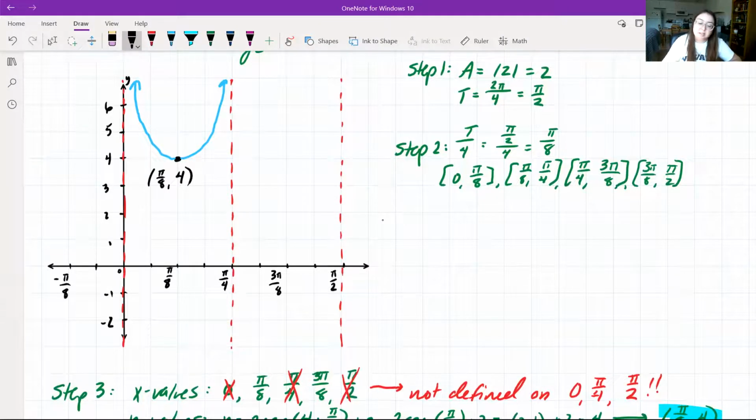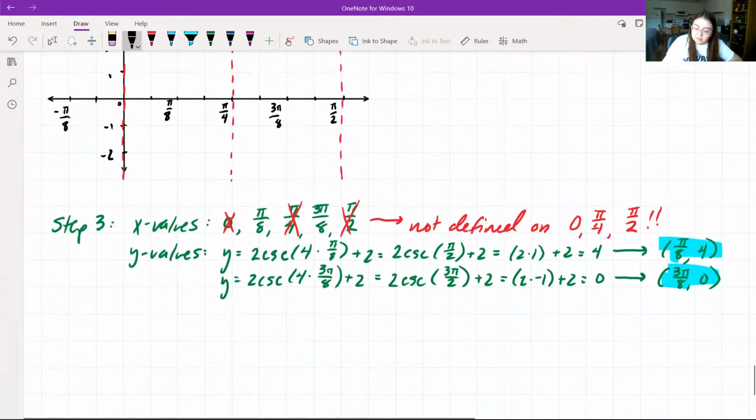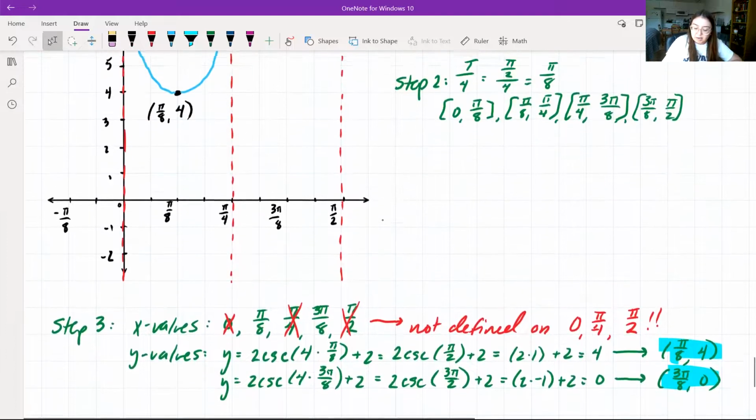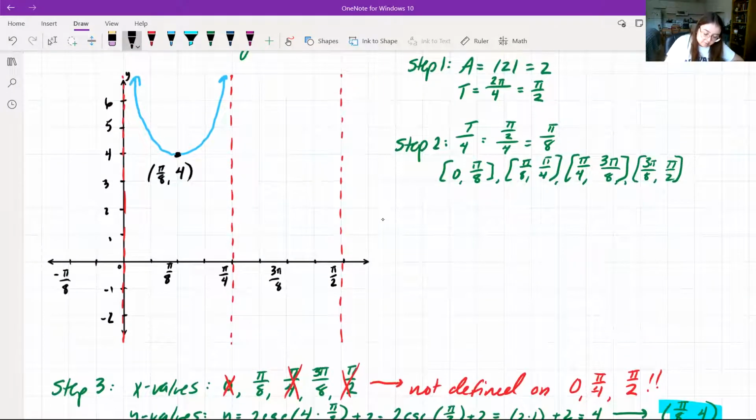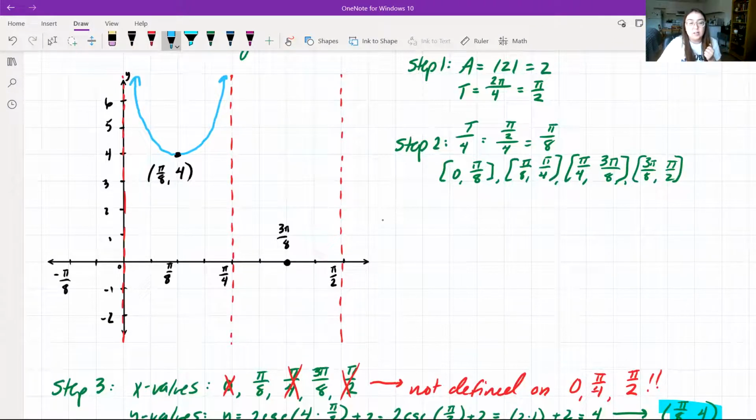And now we want to draw in our second key point. Our second key point being 3 pi over 8, 0. So we'll move this value up over here. So that's our point there. And since our last parabola was an upward facing parabola, this means that our next one will be the downward facing parabola.